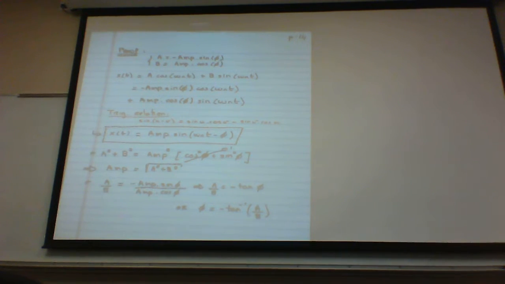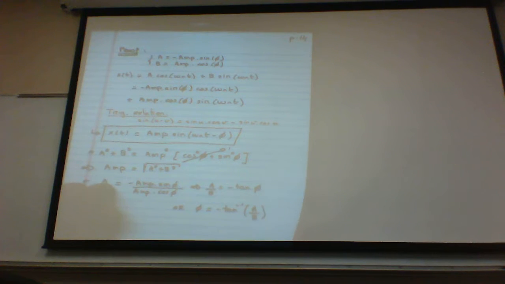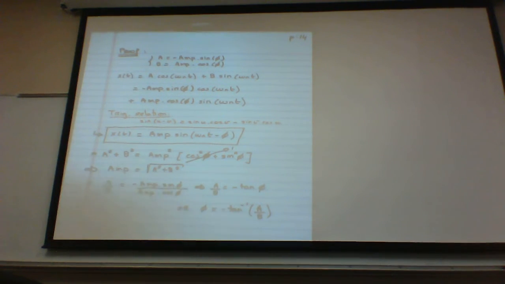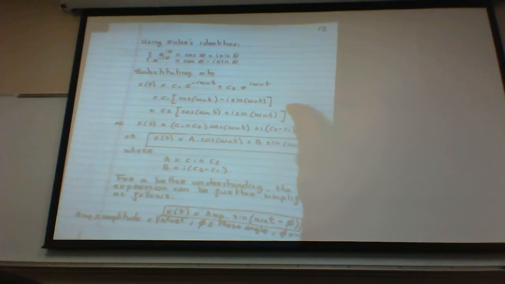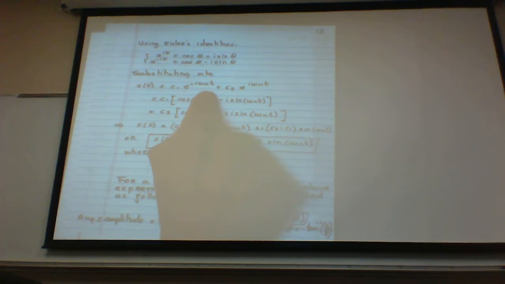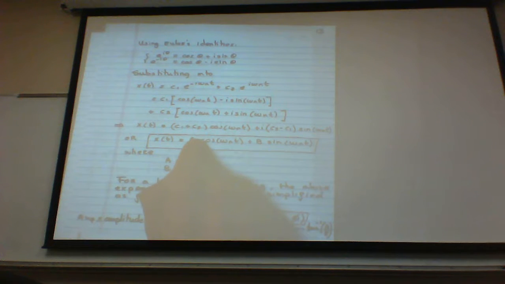Okay, so all this effort, for what? Because really this expression here is exactly the same, or should have the same meaning, as that expression over here, or this one over here. We just went through algebra.